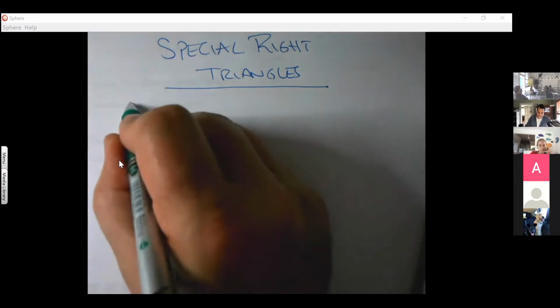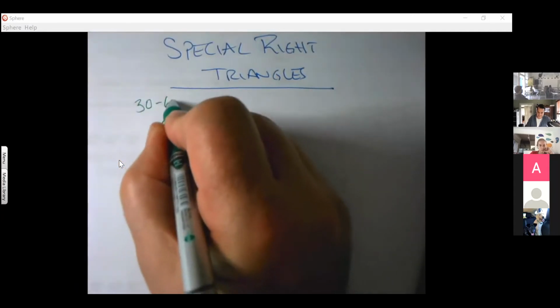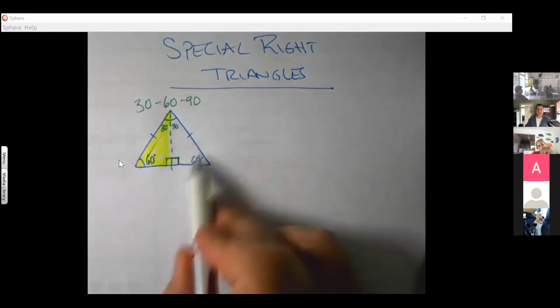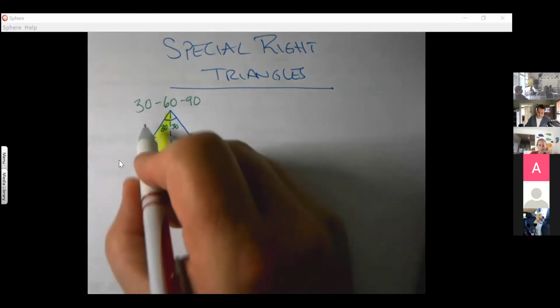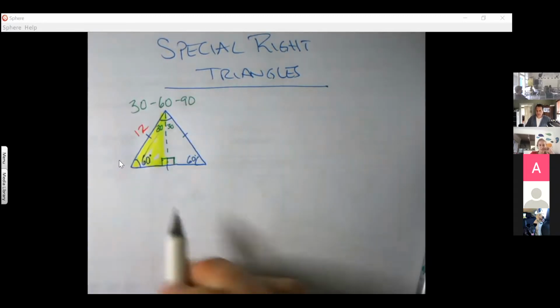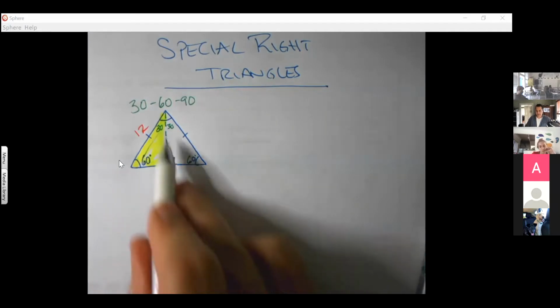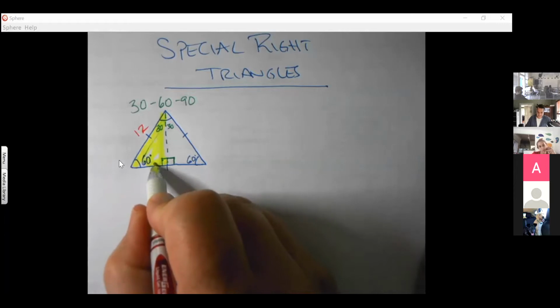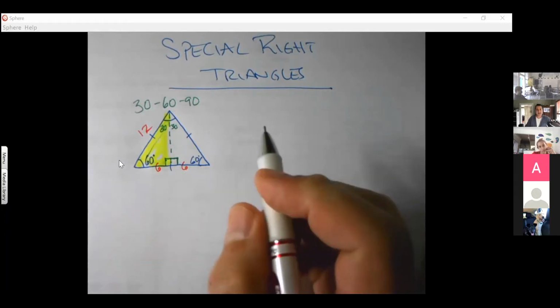In other words, it's named based on the angles in it. What makes it special is that because it's half of an equilateral triangle, let's say this side was, I don't know, 12. Then we know this base down here, with the altitude and angle bisector, is also a median. It's going to split this in half, meaning this is 6 and this is 6.